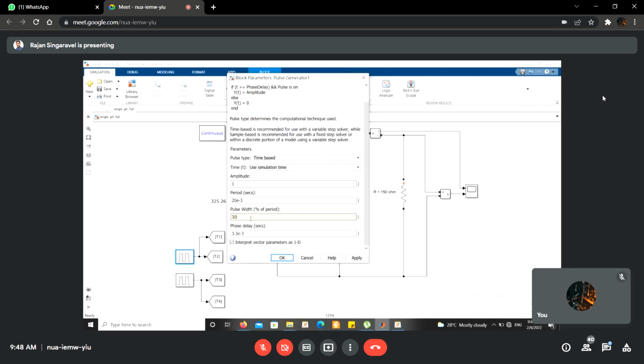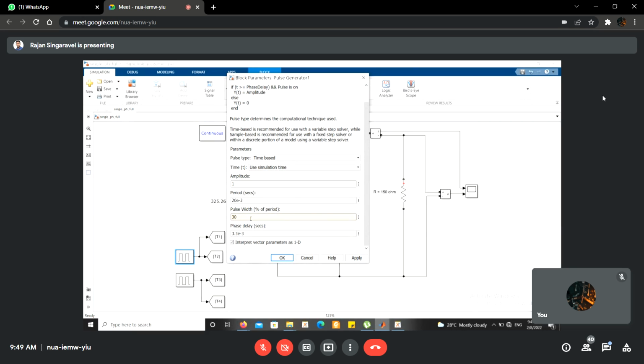So I am reducing it to 30% of the total period. It means that whenever you trigger, from that instant, 30% of the 20 milliseconds will be the width of the pulse. And the last parameter is the phase delay, right?